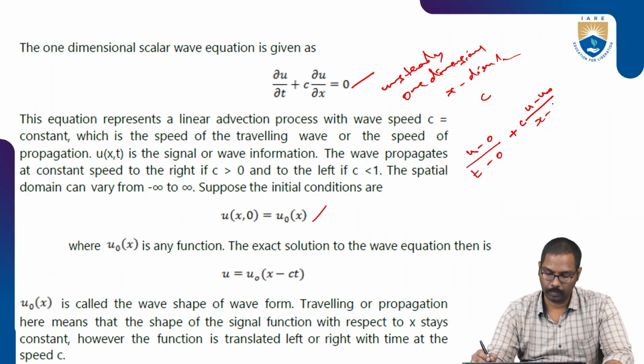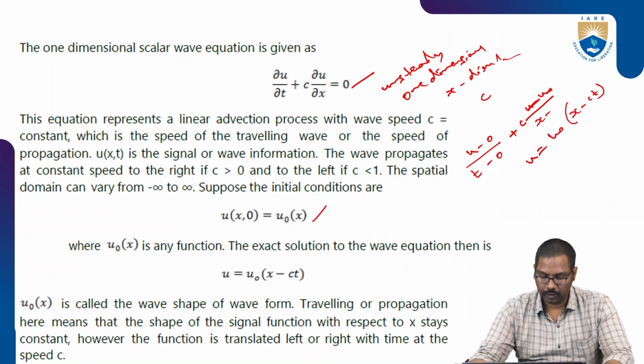Based on this, we have u0, so this gives u = u0(x − ct). This is the exact wave equation. Then u0(x) is called the wave shape of the waveform.